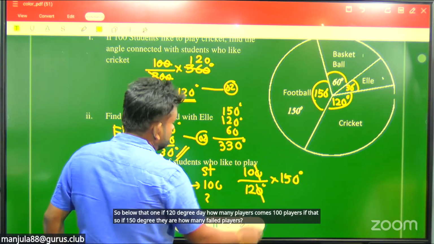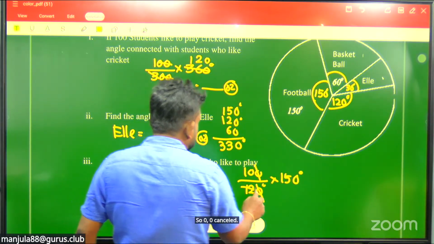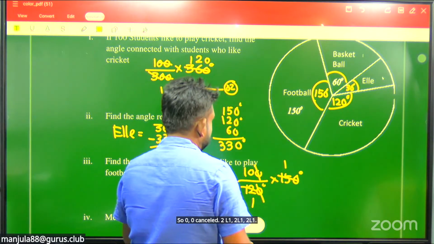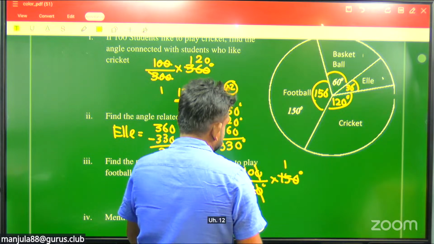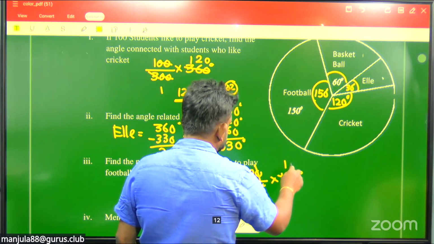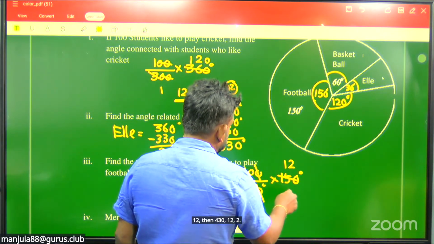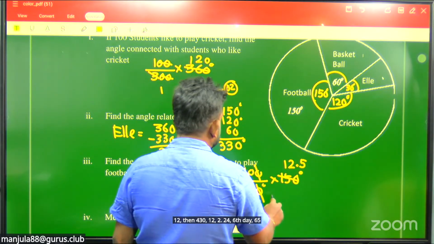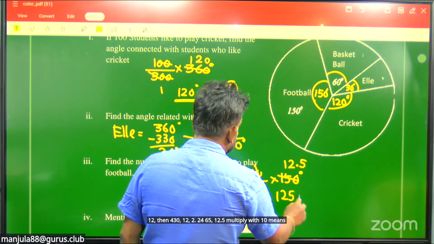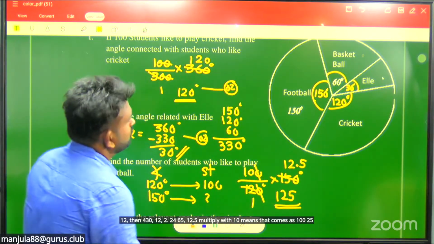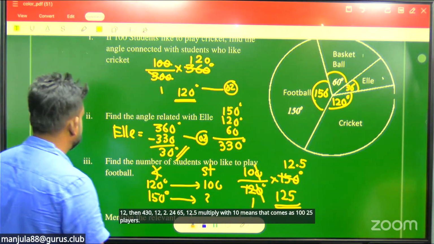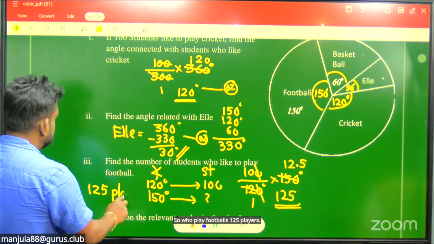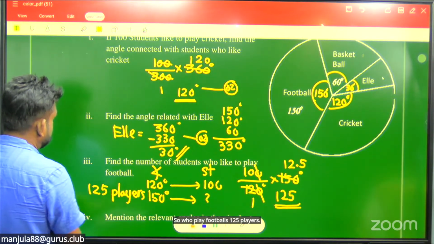So 0, 0 cancelled. 12, 1, 12, 1, 12, then 4, 30, 12, 2, 24, 6 there, so 12.5, multiplied by 10 comes as 125 players. So who plays football? 125 players. So you have 3 marks.